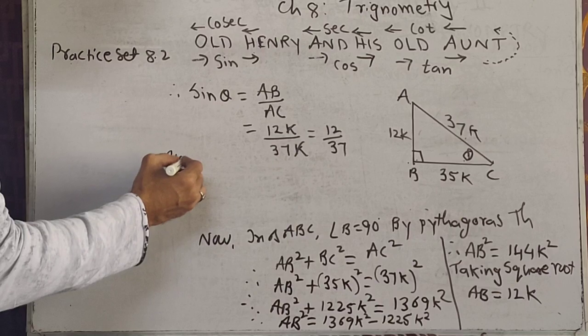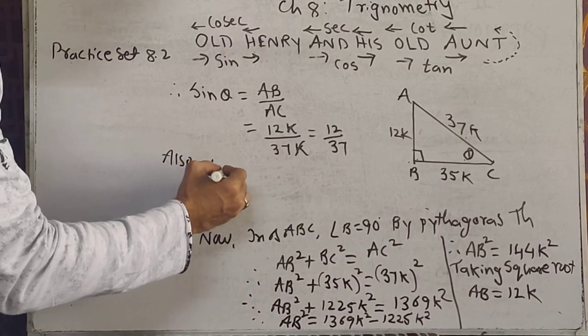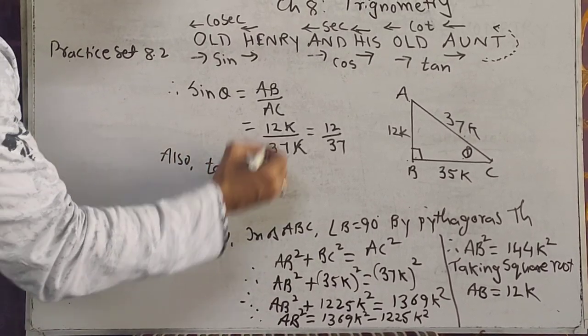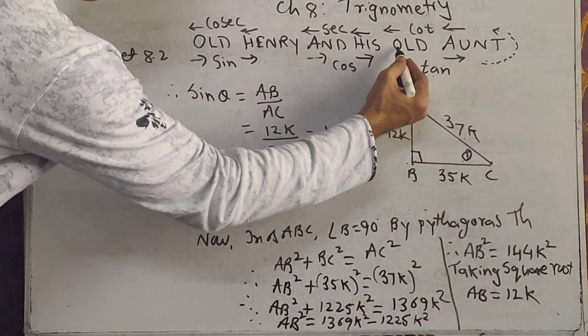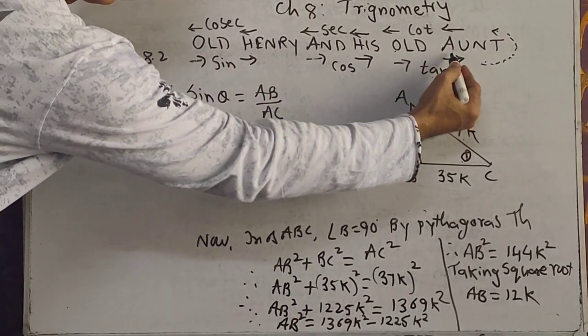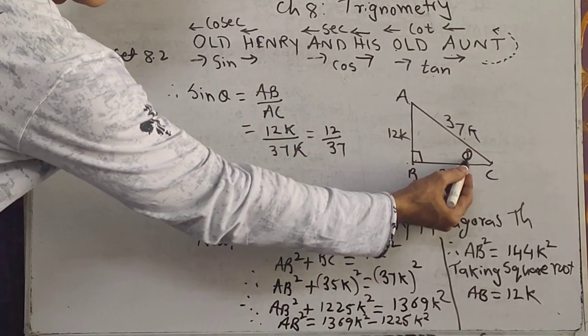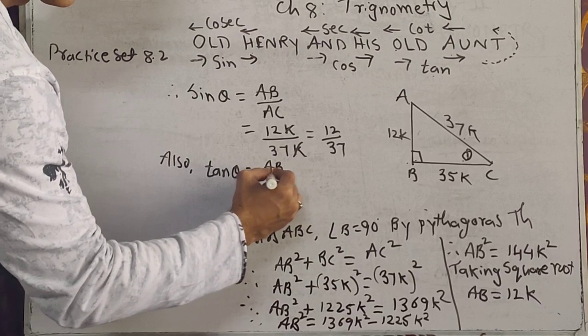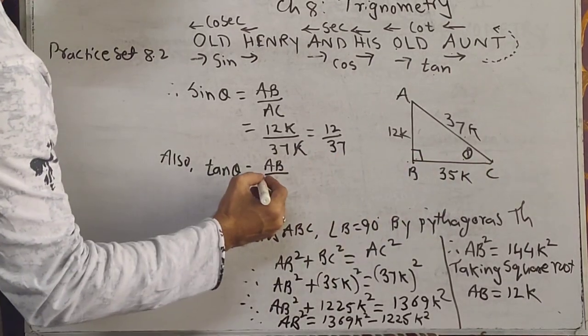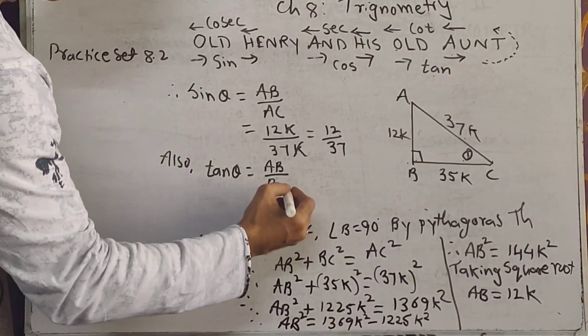Also you want tan theta. This is the last one. Okay, tan theta. Now tan theta formula you can see here. Tan theta is opposite side upon adjacent side. So theta is here. Opposite side is AB. Adjacent side is BC.